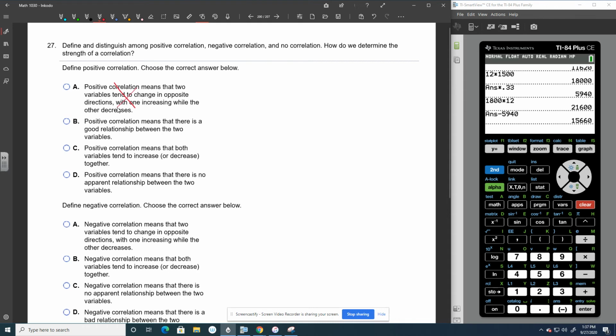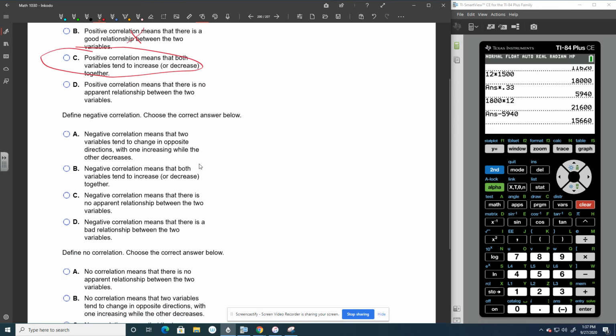No, that's not true. Positive correlation means that there is a good relationship. No, it doesn't. Positive correlation means that both tend to increase or decrease together. Great answer. Negative correlation. Negative correlation means that two variables tend to change in the opposite direction.